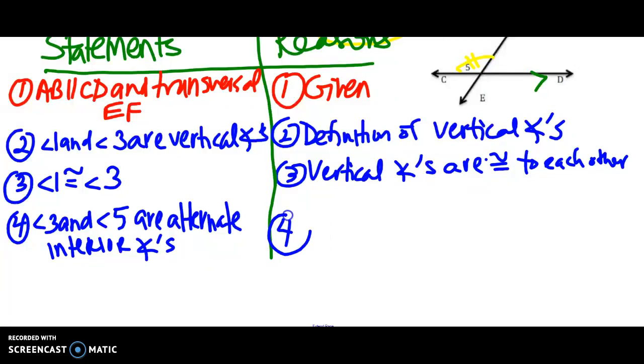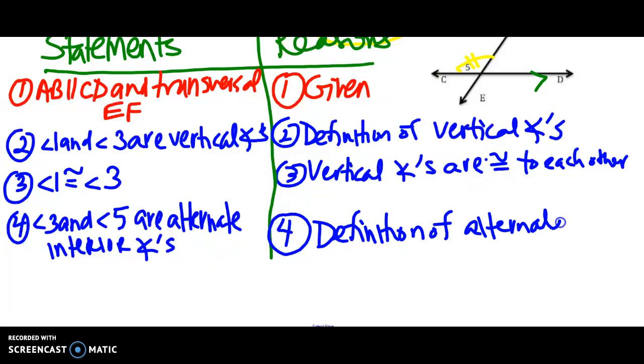They're defined to be as two angles inside of two lines on opposite sides of a transversal. So definition of alternate interior angles. We can then say that angle 5 and angle 3 are congruent.